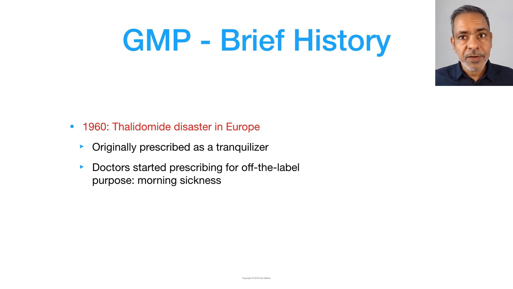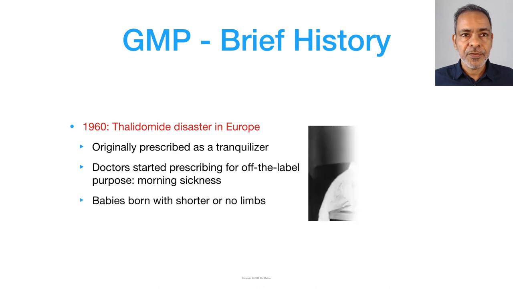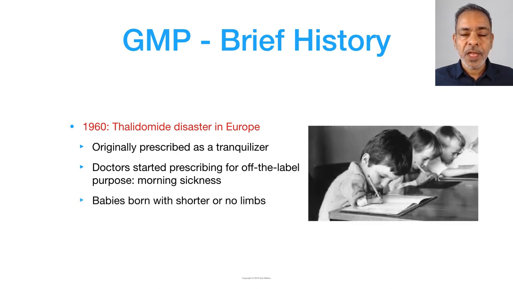And that's where the tragedy struck. As it was unsafe for the pregnant woman, many children born to these women were left with shorter or absence of limbs. This tragedy led to the first GMP regulations in the US in 1963.